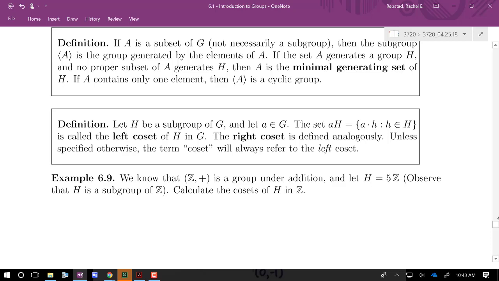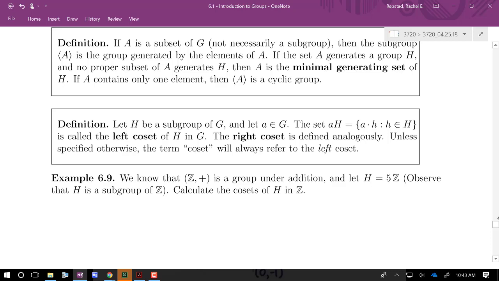I'm not at all concerned with whether or not A is a subgroup. I just say, okay, I'm going to take elements of A and start smashing those guys together and seeing what elements I can produce, just like we would if we were restricting ourselves to a single element and looking at the powers of G that we got. But I'll put some more elements in there and see what we can generate. Then we will generate a group that is a subgroup of G. You will generate a group of some kind.